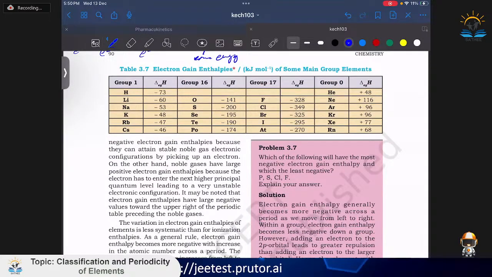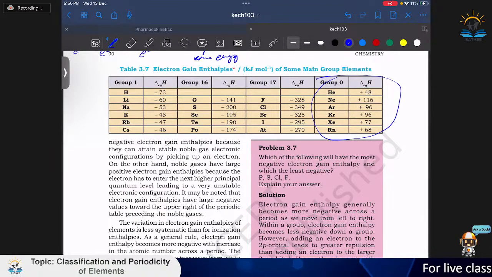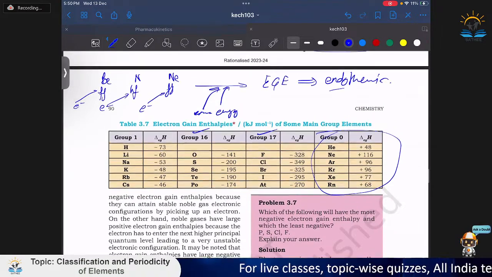Okay. Look at the electron gain enthalpy of all the noble gases. It is so much. It is endothermic, positive. Look at the electron gain enthalpy of group 17 and group 16. Usually they accept electrons. Why do they accept electrons?